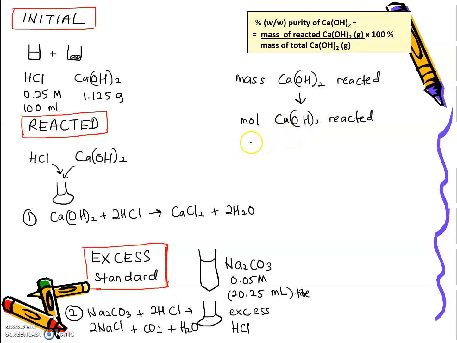So, you look at equation number 1 or number 2 that has the substance calcium hydroxide reacted. Okay, so here at equation number 1, it involves mole calcium hydroxide reacted and mole of HCl reacted here.